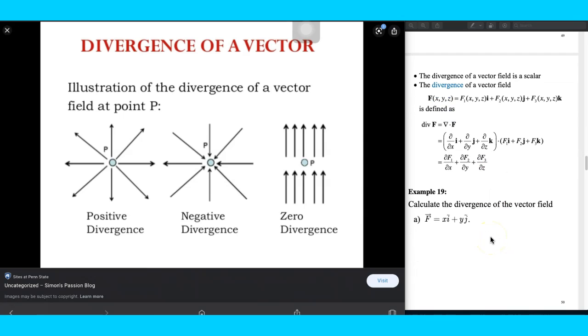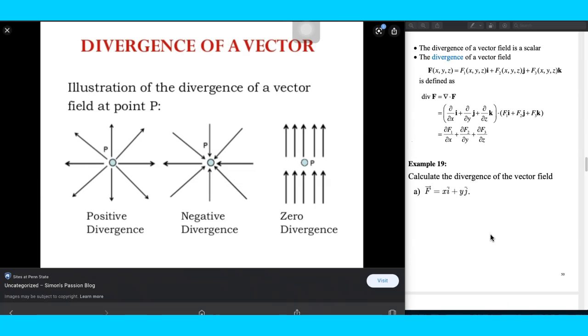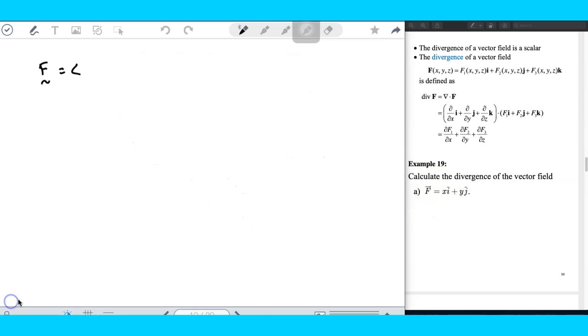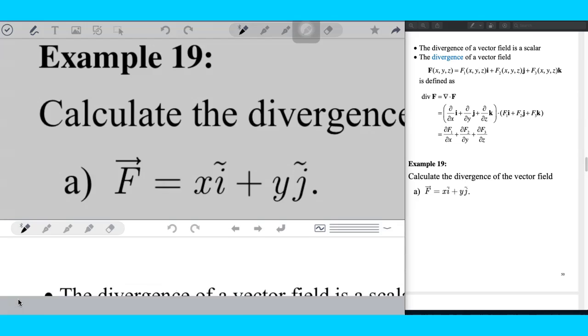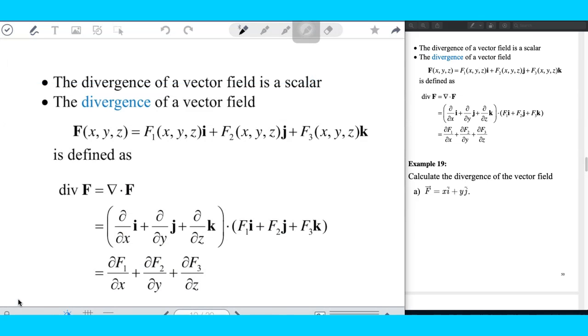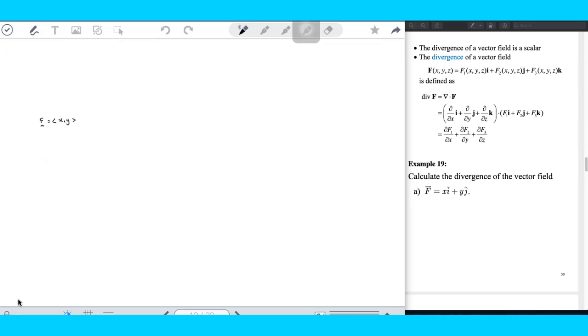Okay, now look at example 9. Calculate the divergence of the vector field given here. So your vector field is x and y, only 2D. When you obtain the divergence of the vector field, you have grad dot f.